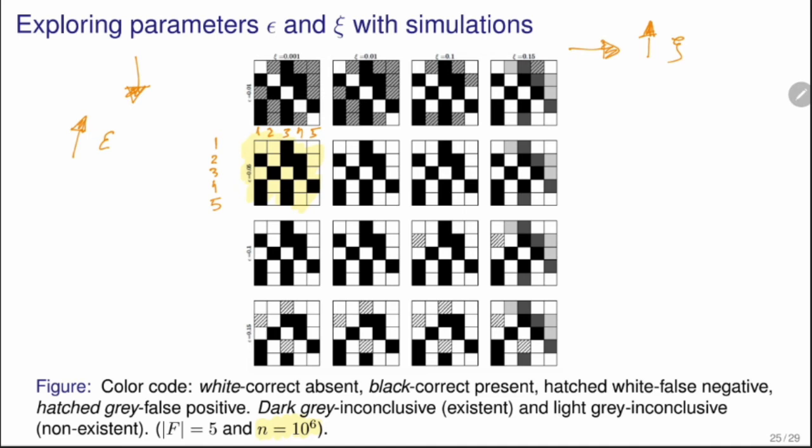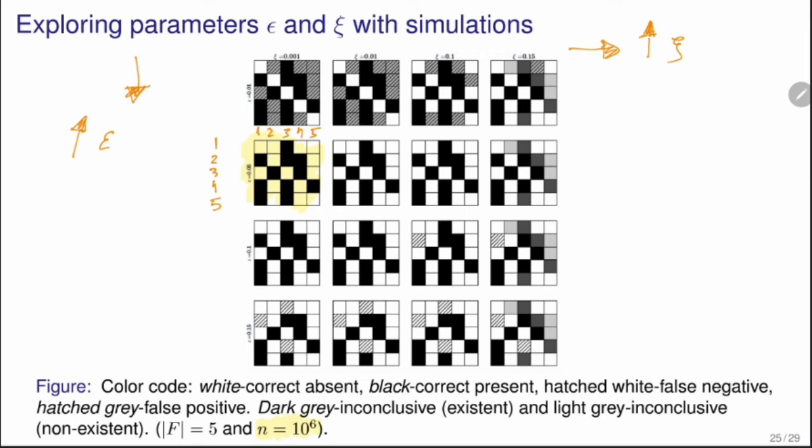In this example, the value of epsilon is 0.05 and psi is 0.001. As you can see, for this choice, the estimator perfectly estimates the true interaction graph.